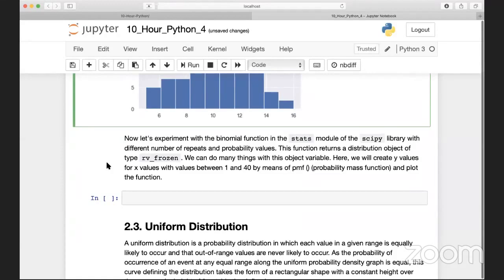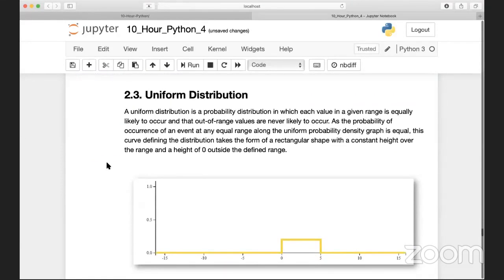So let me continue with the uniform distribution. The uniform distribution is, again, very helpful if you are working in a specific range and the probability across this specific range is equal, then the uniform distribution is your distribution, okay?